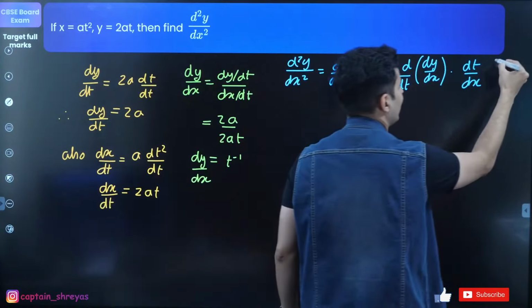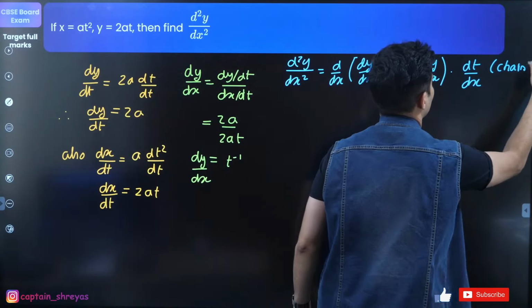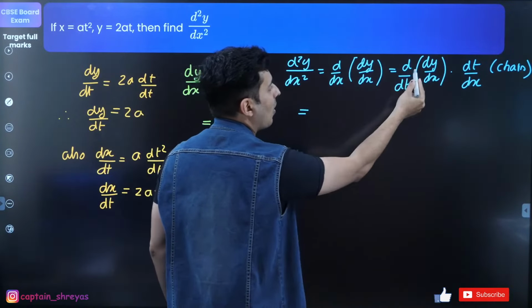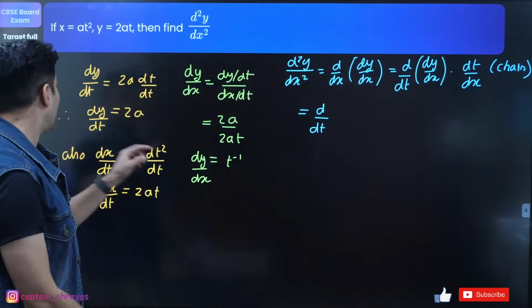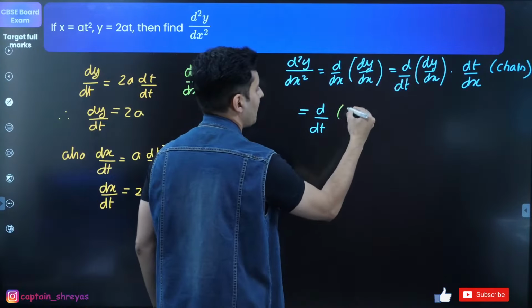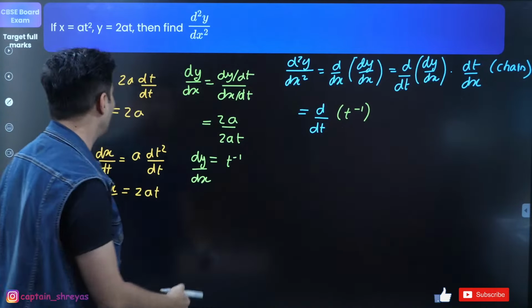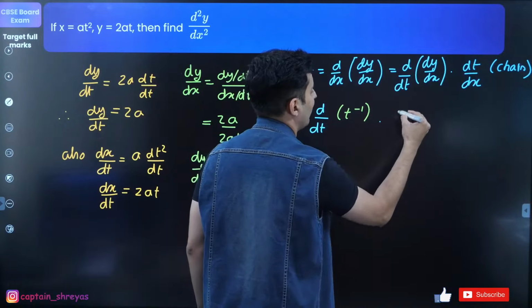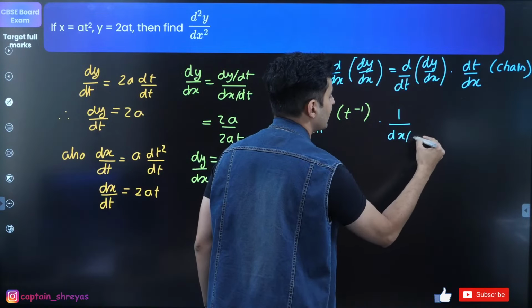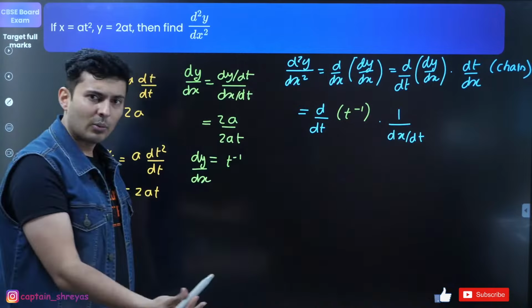If you want, I'll mention that: chain rule used in the second derivative. So, what will this be? d by dt of dy by dx, I just found it to be t raised to minus 1. Yes or no? And here, this dt by dx, why not write it as 1 by dx by dt, one and the same thing.